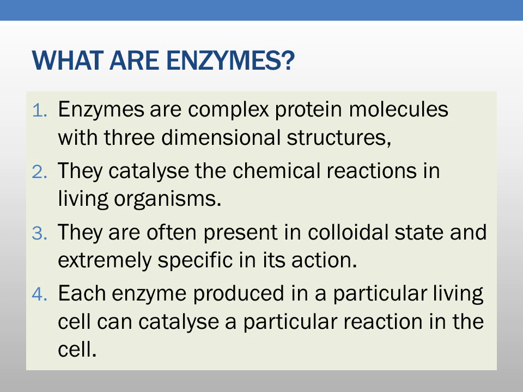This glycogen breakdown is called glycogenolysis. This glycogenolysis is catalyzed by a specific enzyme called glycogenase. It cannot be catalyzed by any other enzyme. Like that, this enzyme cannot catalyze any other biochemical reaction. So that is how an enzyme is said to be specific in its action.